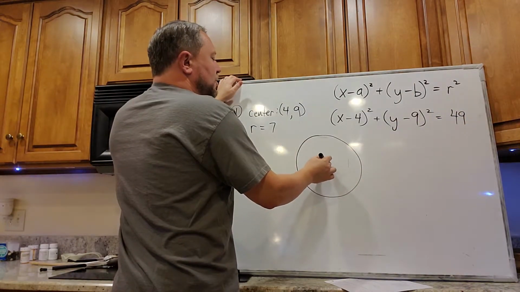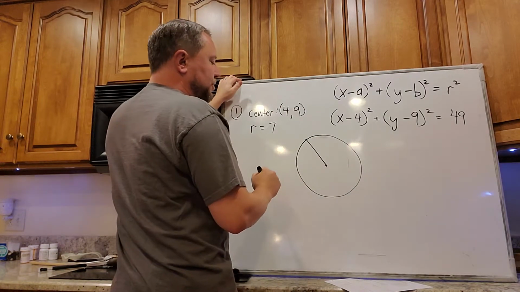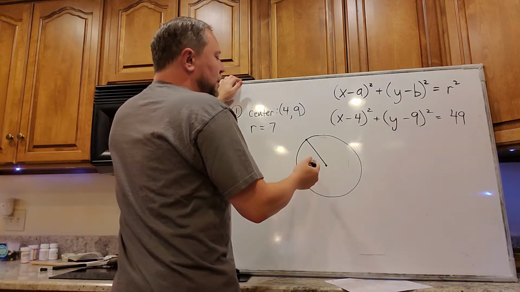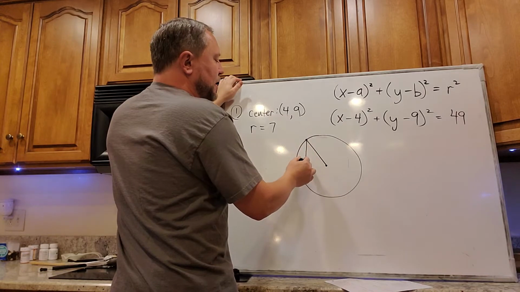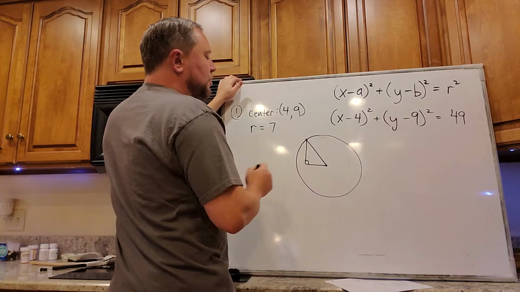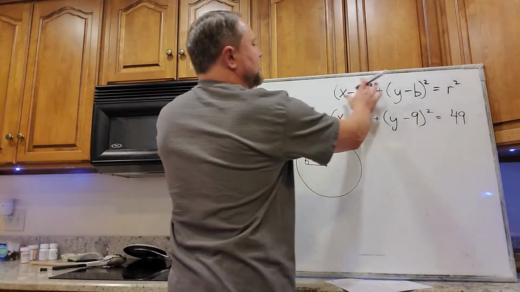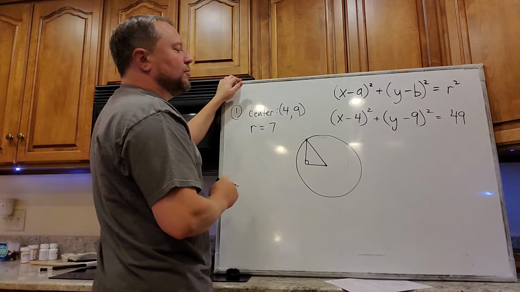So if I were to draw a radius, for example, to this point out here, and now if I were to drop this down and over at a right angle, there's the right triangle that is the basis of your equation of your circle.